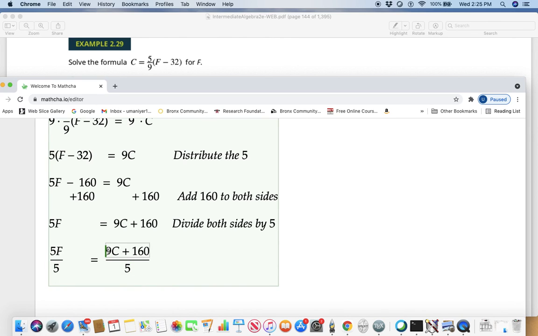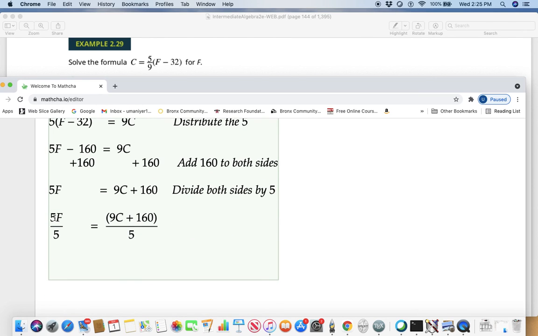It helps if you think of a side as within parentheses, then you know that it is one entire quantity. So the 5's get cancelled. F equals all of this, and we have solved for F. All right, let's continue in our next video.